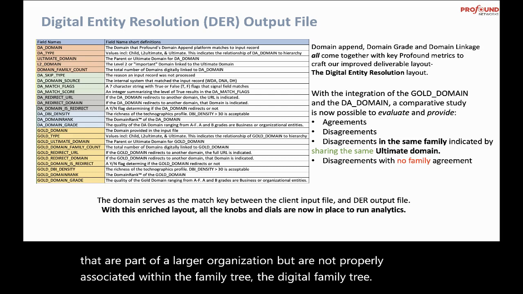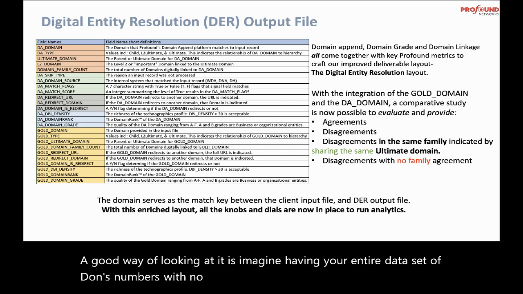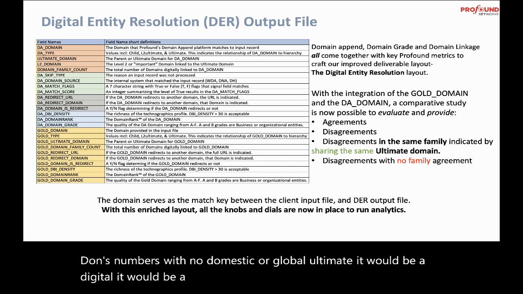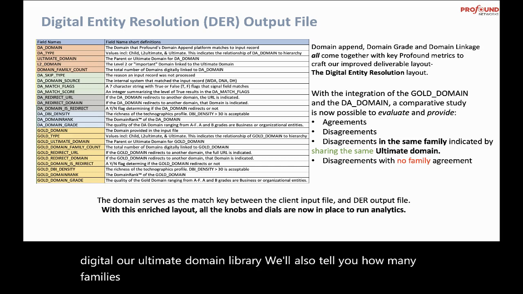A good way of looking at it is imagine having your entire data set of DUNS numbers with no domestic or global ultimate. It would be a linkage mess. And we help to clean up your digital linkage through our ultimate domain library. We'll also tell you how many families or how many domains are part of the family.